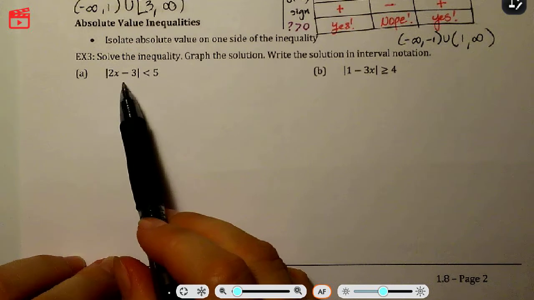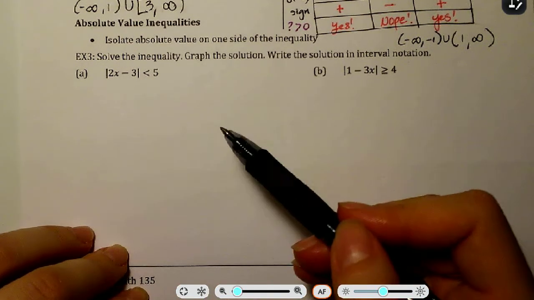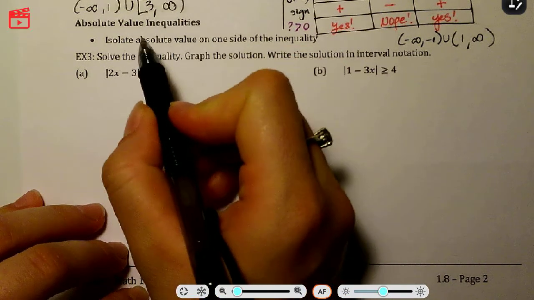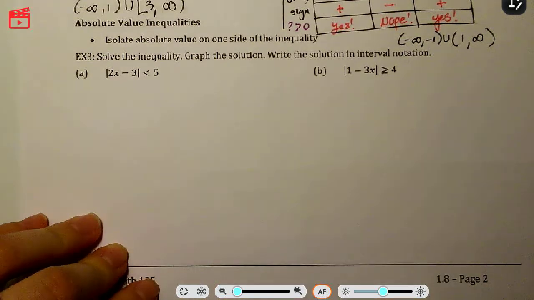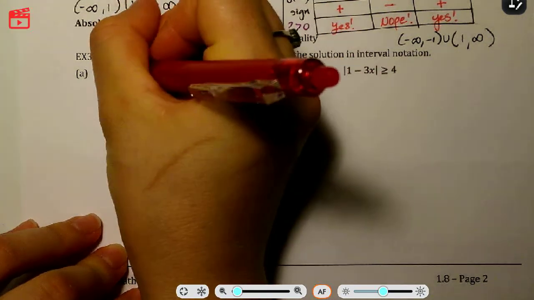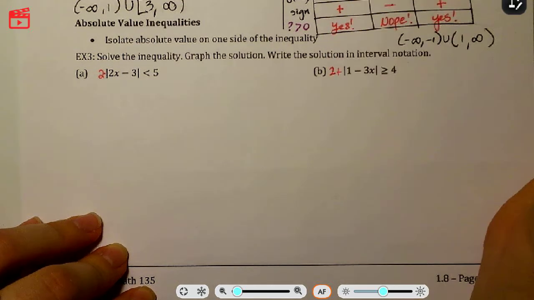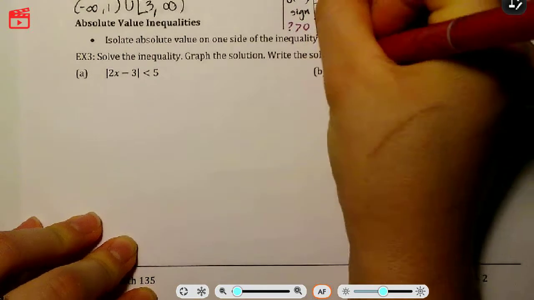Remember, the goal is to always get them out of the absolute value. First thing I want to do is make sure our absolute value is isolated and by itself. So let's check. Is there any number hanging out by the absolute value? For example, was there a 2 multiplied to it, or maybe a 2 being added to it? Nope, our absolute values are all by themselves, so that's good.